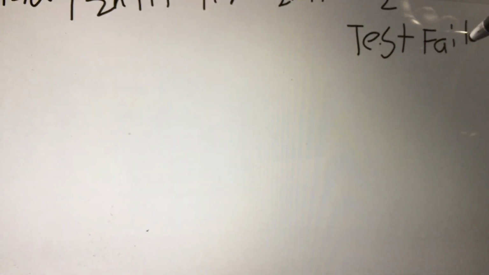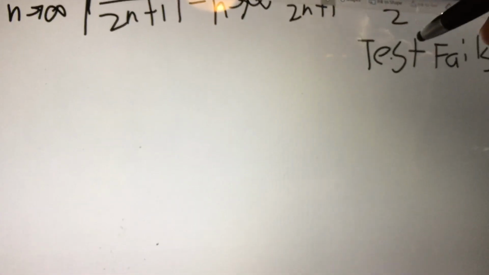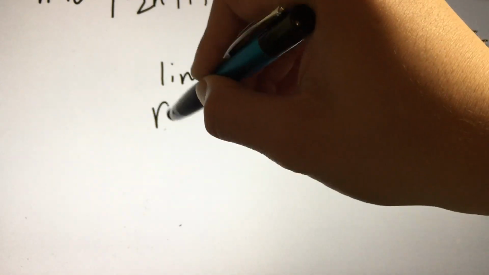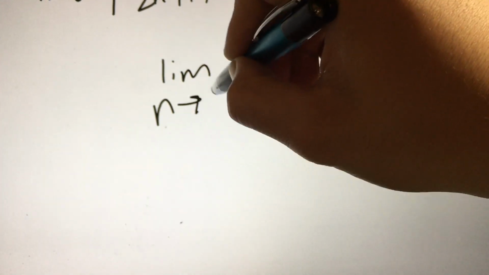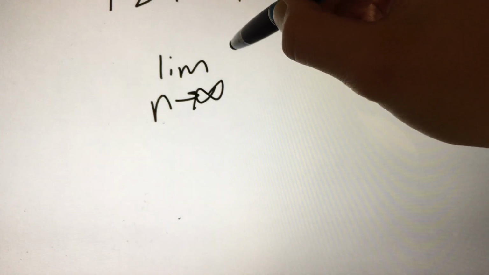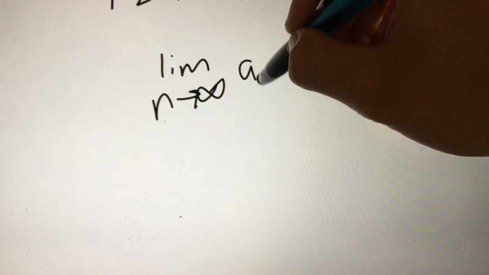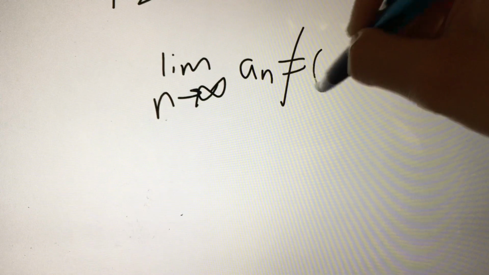So we say the test fails because the limit as n approaches infinity of a sub n does not equal 0.